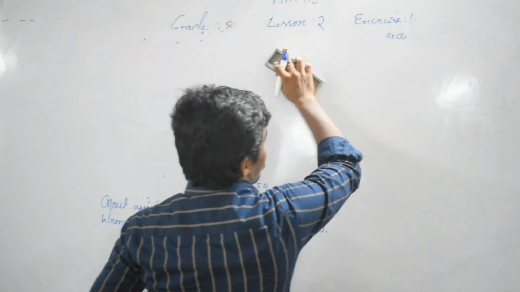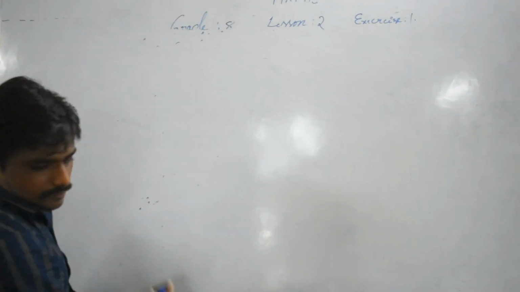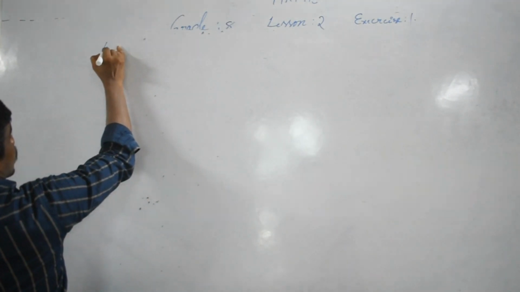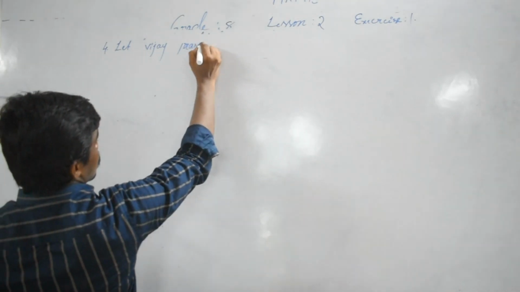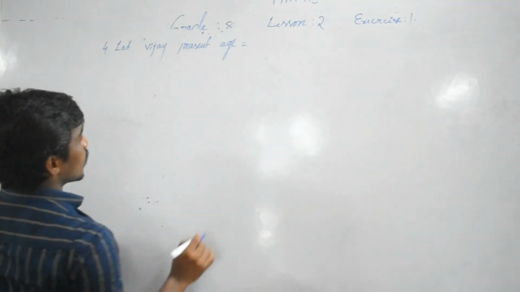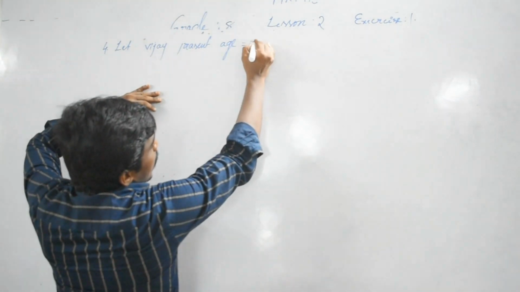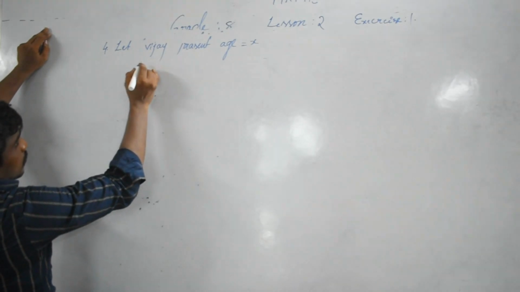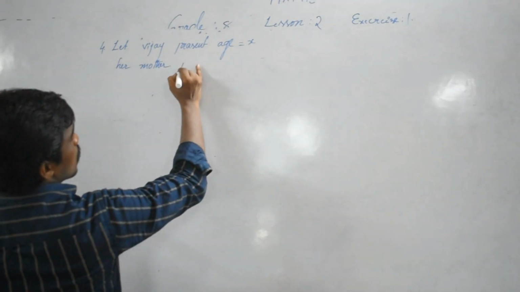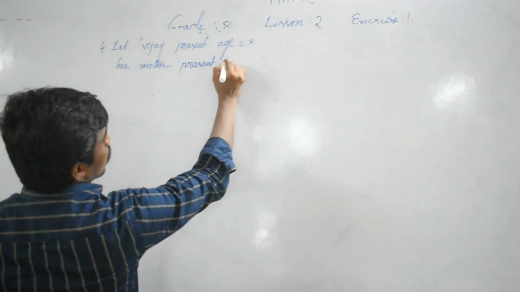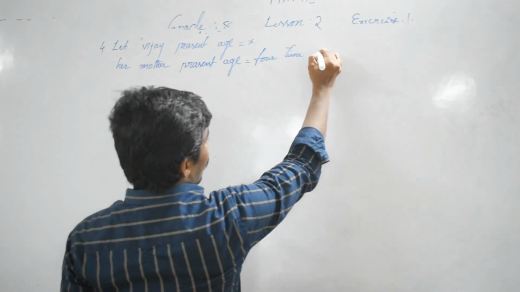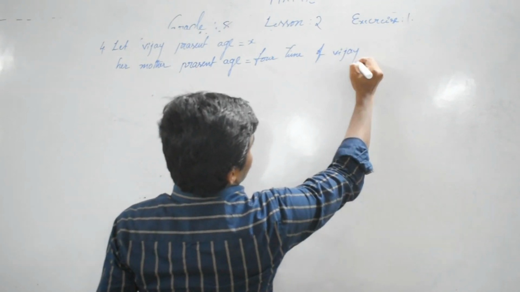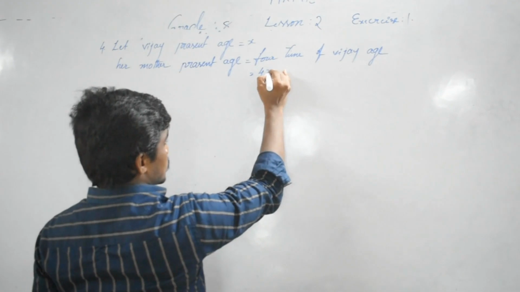So this is the last example problem. Fourth one: let Vijaya's present age be x. Clear? Next, her mother's present age is 4 times Vijaya's age, so 4 into x.